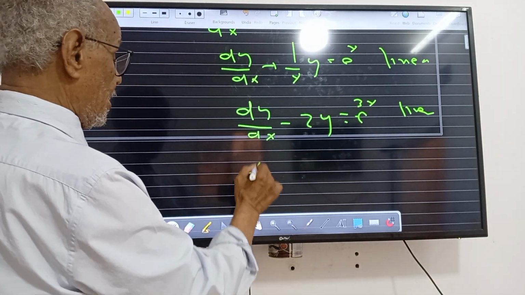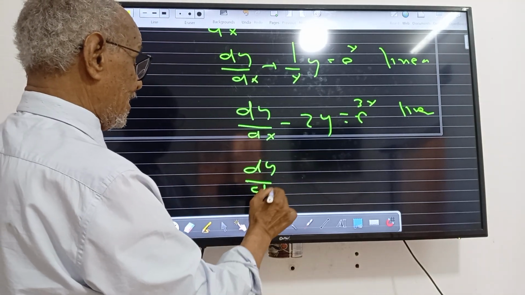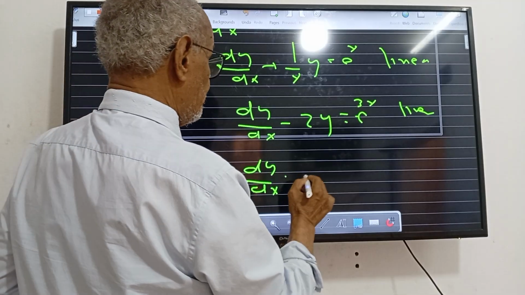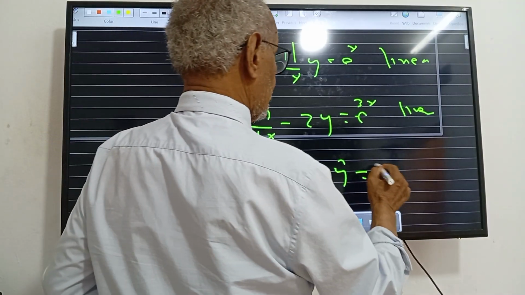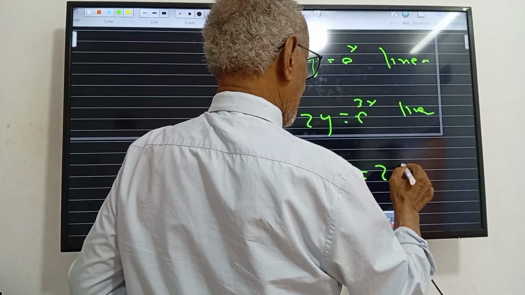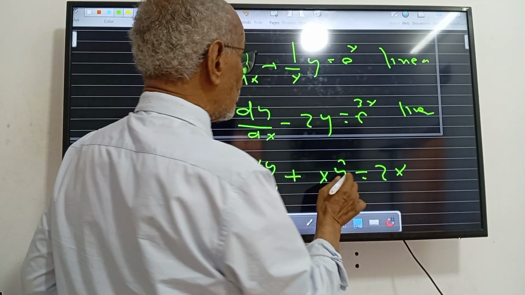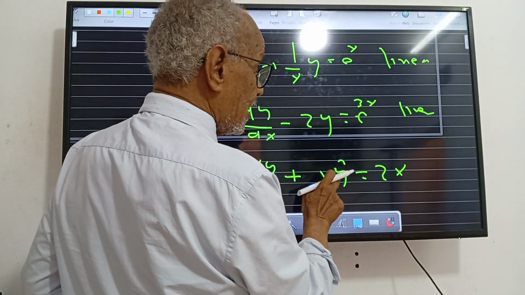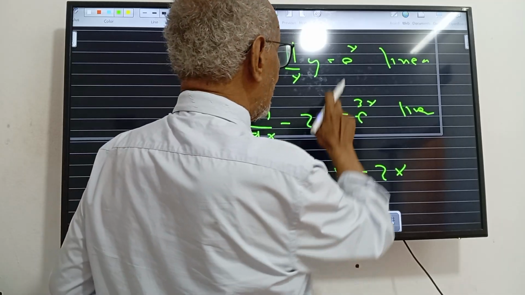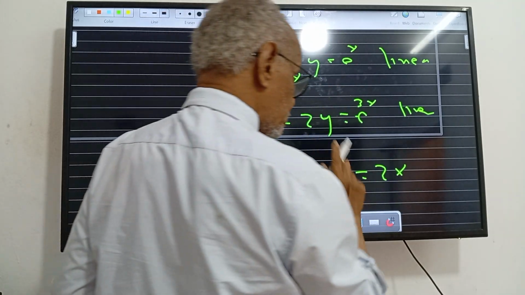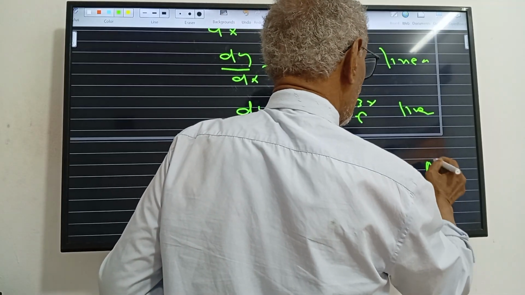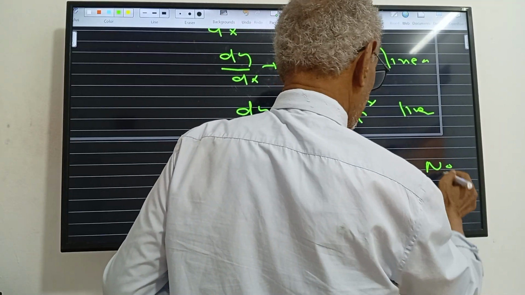For example, dy over dx plus xy squared equal to x. This is not linear because here y is raised to the power 2, and in the general form y is raised to the power 1.